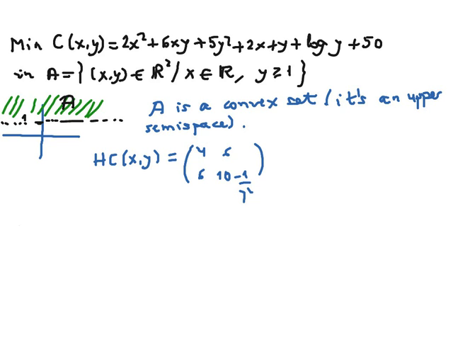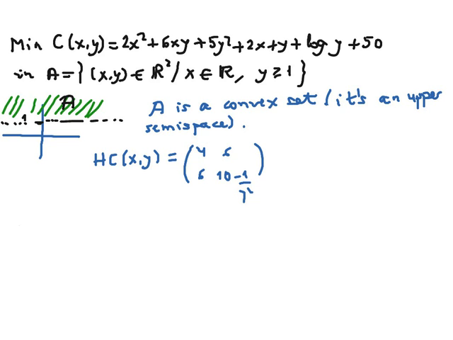It is the green zone and it is convex because of the graph. If we join 2 points in this graph, the segment connecting them is included in A, and also because A is an upper semispace.